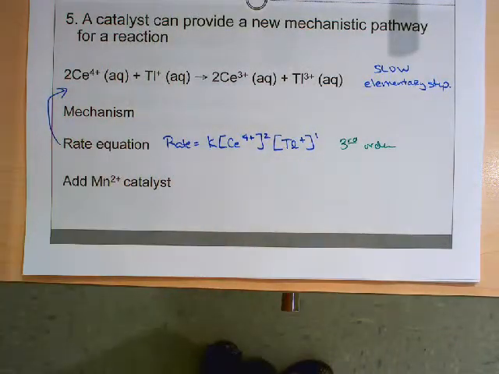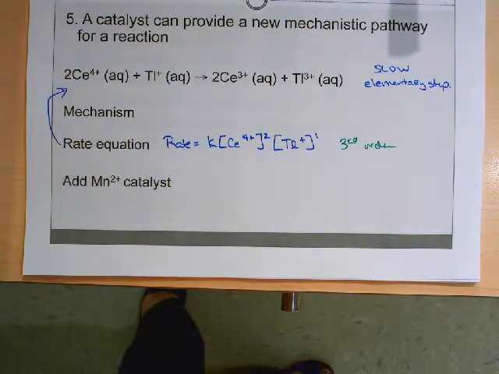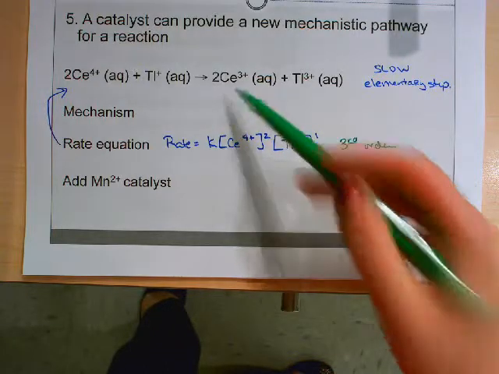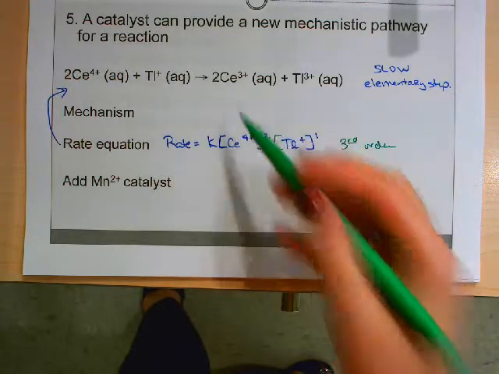What has to happen for this reaction to go forward then, based on this? Physically, what has to happen to make a product? How many different molecules have to collide simultaneously to make this happen? 3. You have to have 3 molecules all collide together with the right amount of energy in the right orientation at the right speed to make a product.